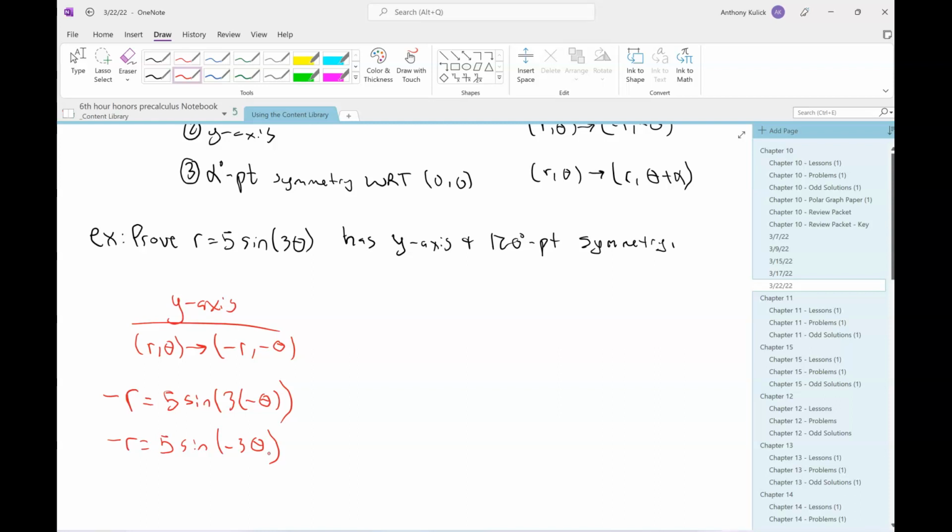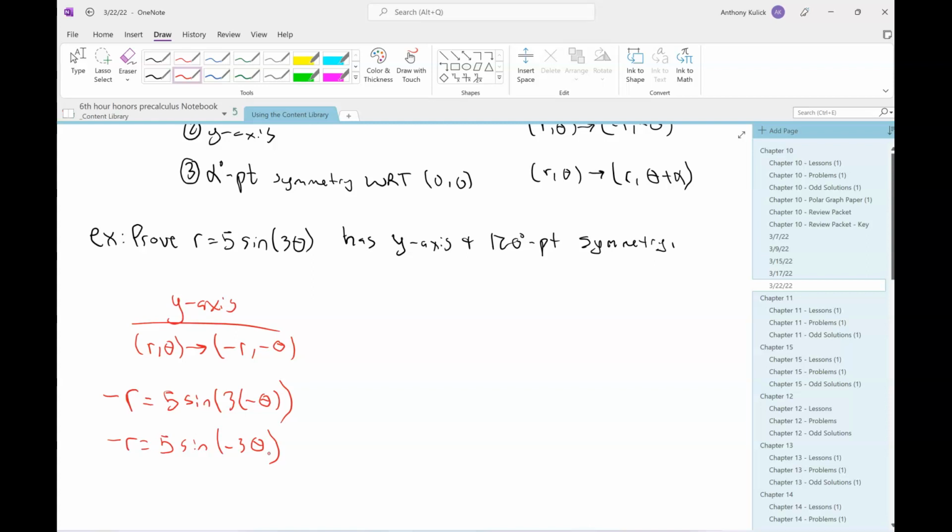And now I see an identity that I can use that would be quite helpful here. Take a look for a moment yourself. What identity do you suppose I would be using here? Great. So Aiden says that sine of negative alpha is equal to negative sine alpha.